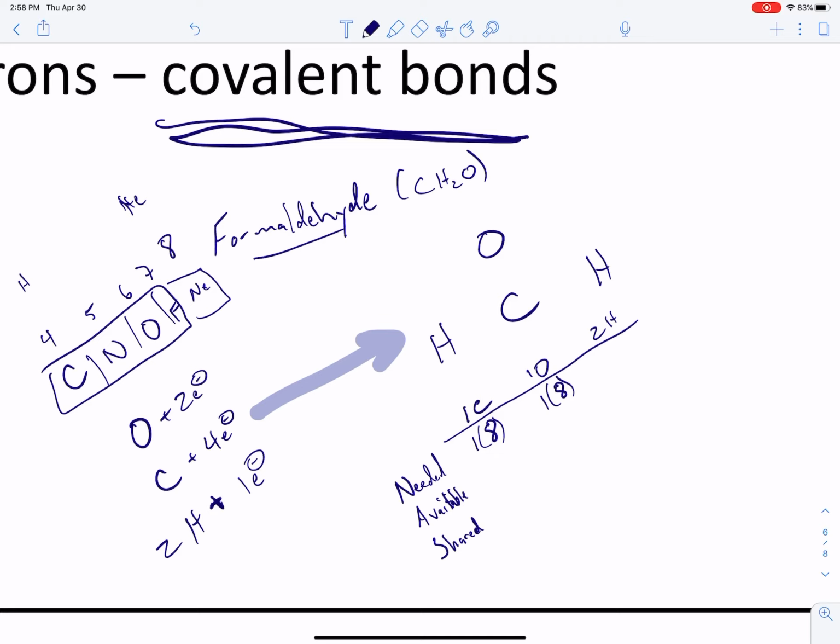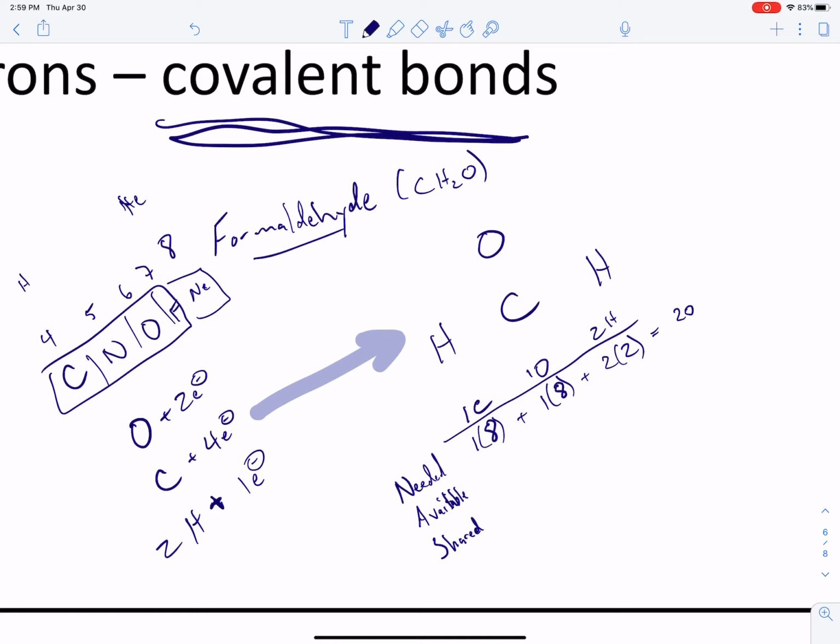Hydrogen's a little different. The closest noble gas to hydrogen is helium, which means it needs 2 electrons, and we have 2 hydrogens. So if we add them all together, what do we get? 8 plus 8 plus 4 is 20. Is that right? 8, 8, and 4, 20.